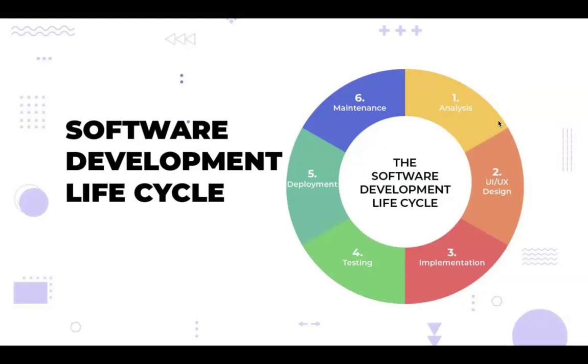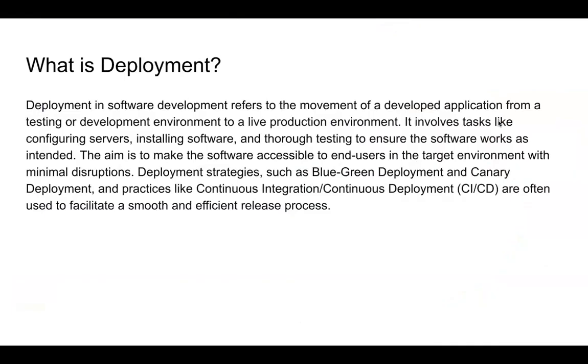So that being said, what is deployment? Deployment in software development refers to the movement of a developed application from a testing or development environment to a live production environment. It involves tasks like configuring servers, installing software, and thorough testing to ensure the software works as intended.